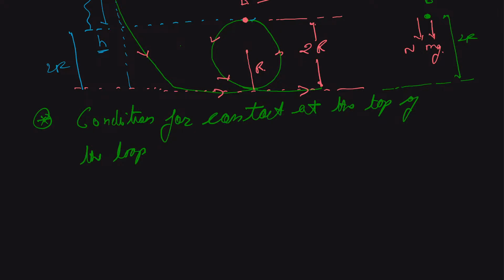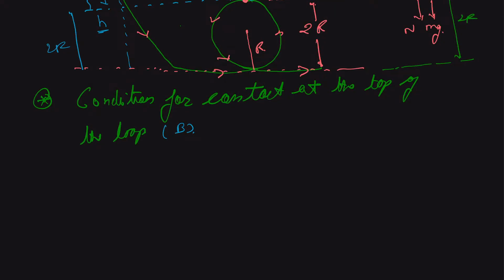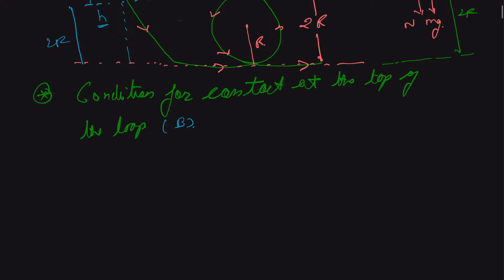So for the top of the loop, that is point B, we can write the equation that our normal plus our mg will be giving us the radial force balance, that is mv squared upon r.